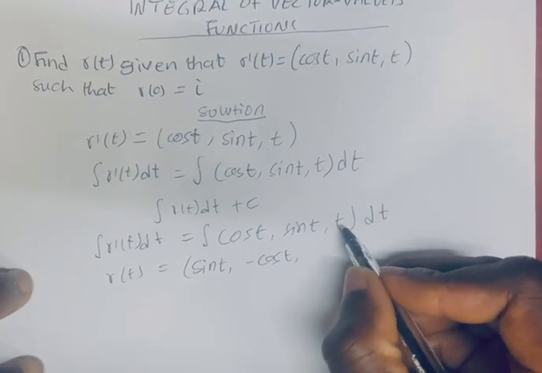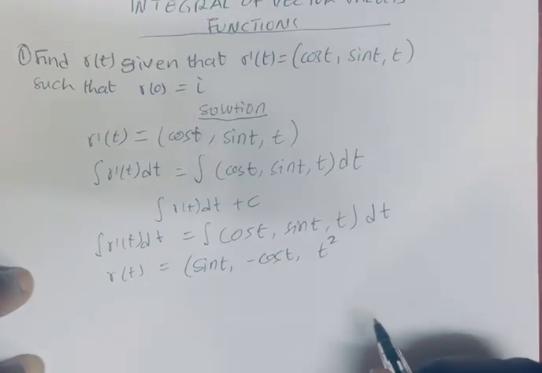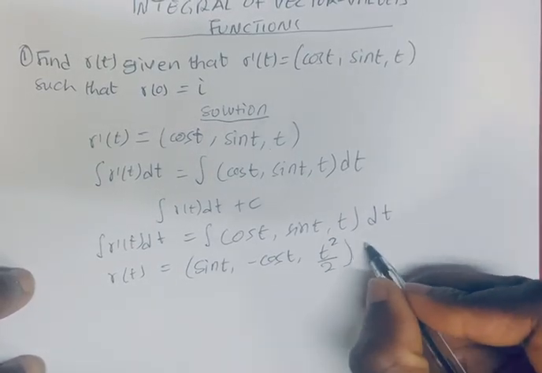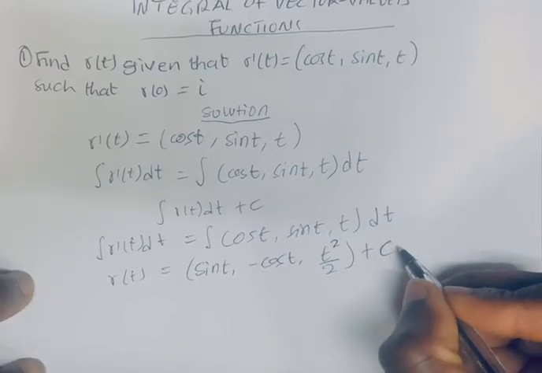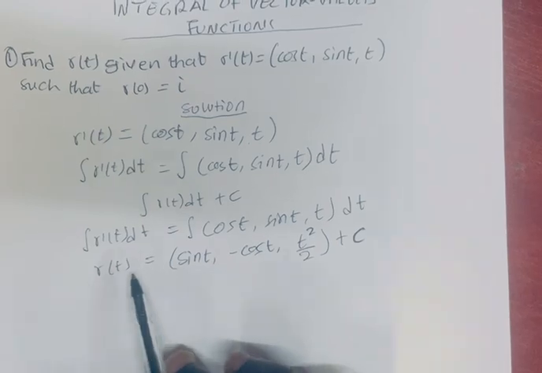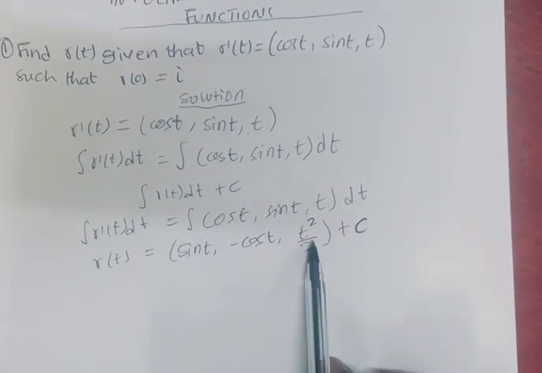Then when you integrate t, we'll have t squared divided by the exponent again, which is 2, plus the constant coefficient. So this is the integral of this particular question, and this is the answer to that.